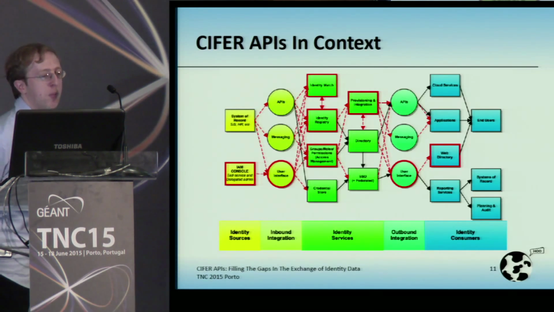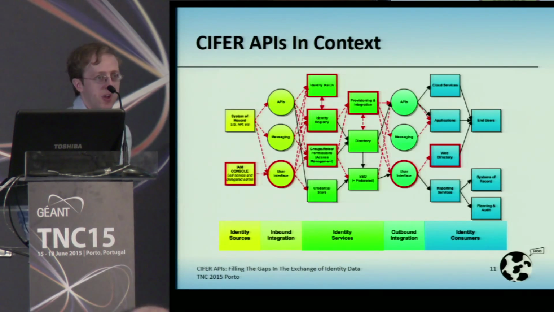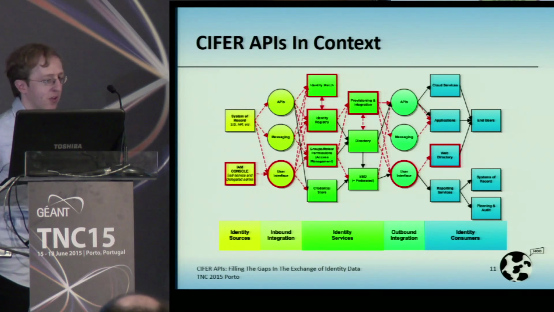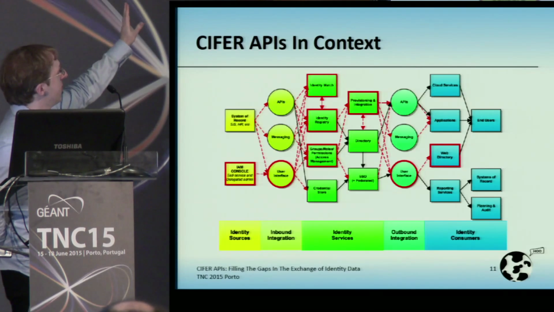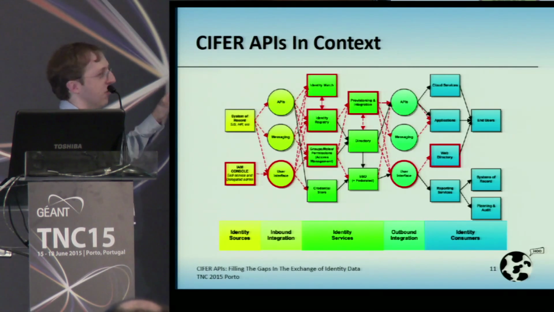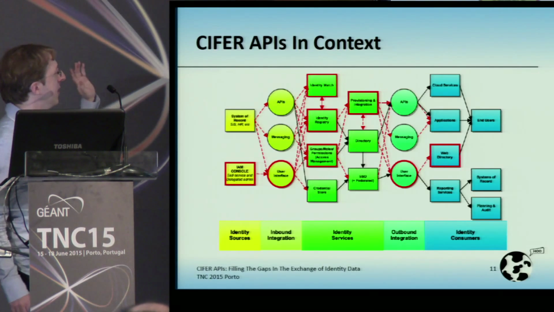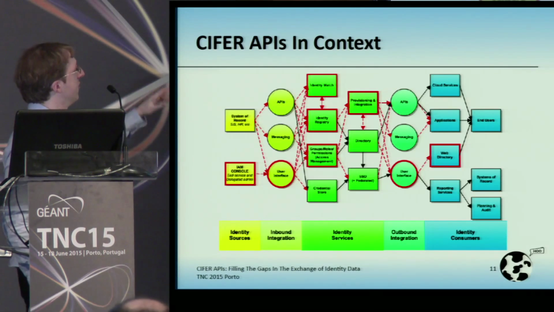This is one representation of the components that you'd see in a typical identity management context, especially in a university or other complex organization. Starting on the left, we've got systems of record and data input sources. By the way, this is an old picture, so it's kind of hard to read, and the colors are a little nauseating, but just bear with me. Then we've got an integration layer, which is APIs and user interfaces and messaging.